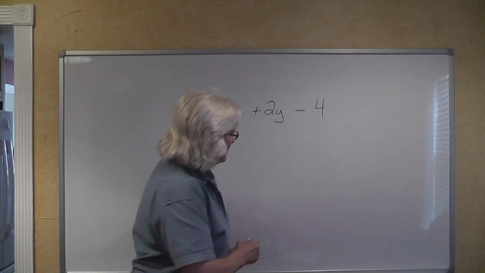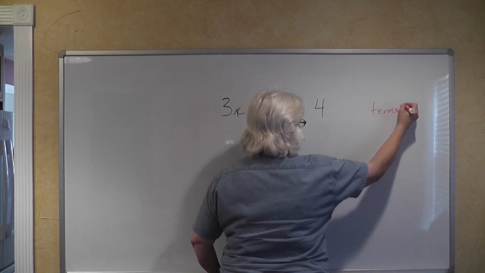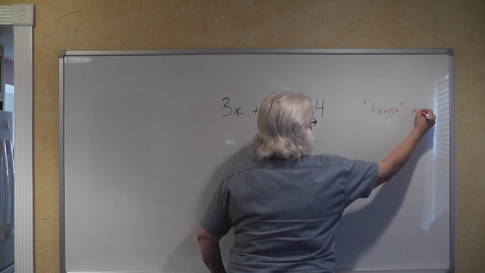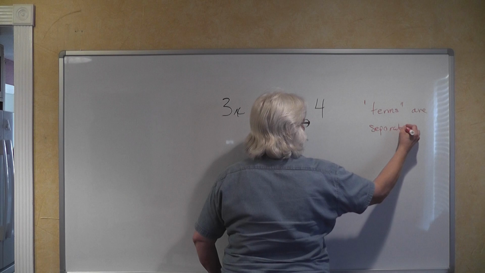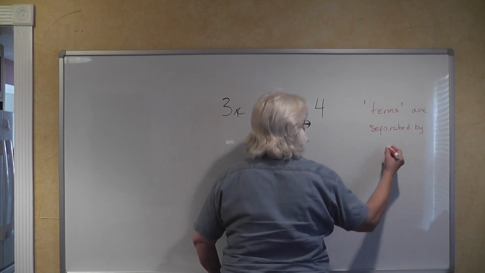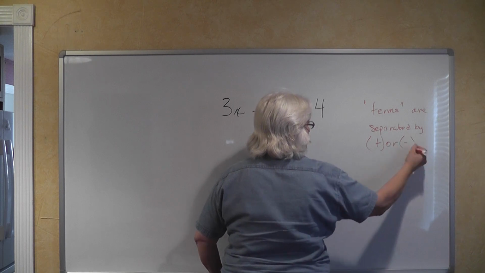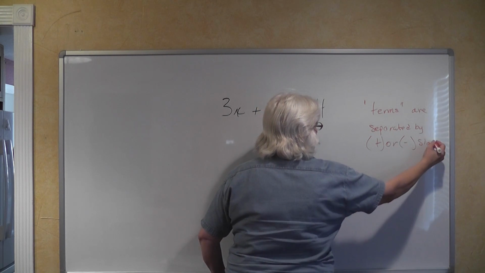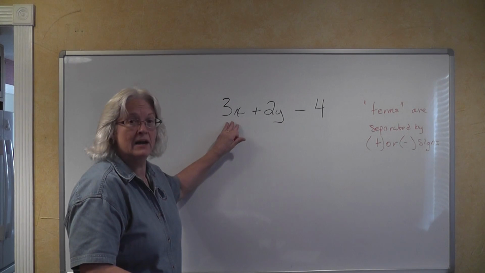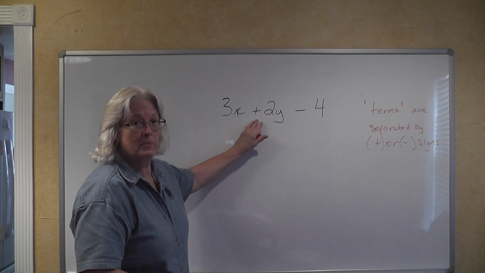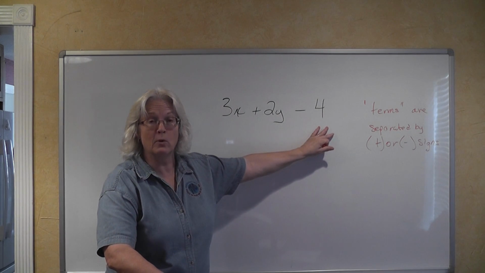Terms in an algebraic expression are separated by plus or minus signs. So we have 3 terms. We have 3x, separated by a plus sign from 2y, separated by a minus sign from a 4.